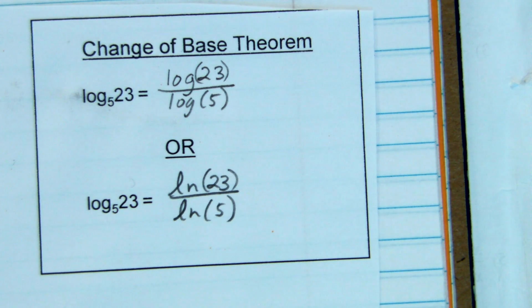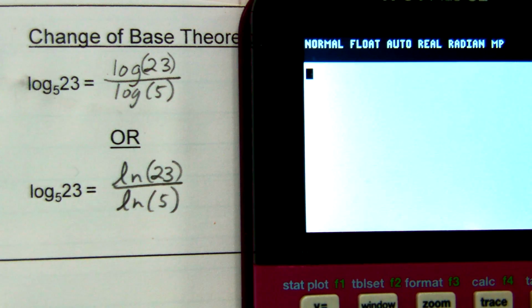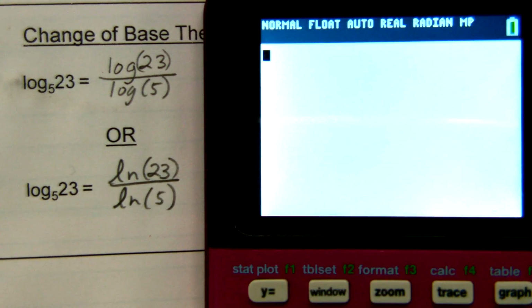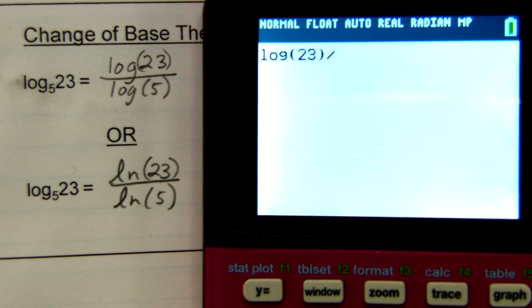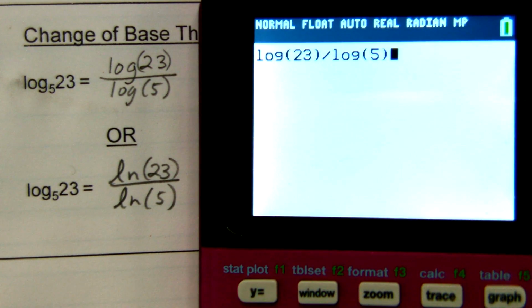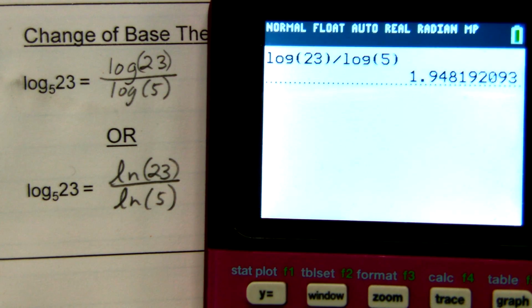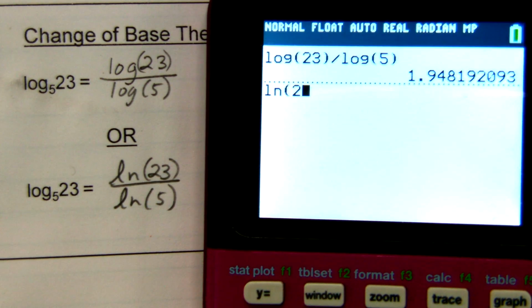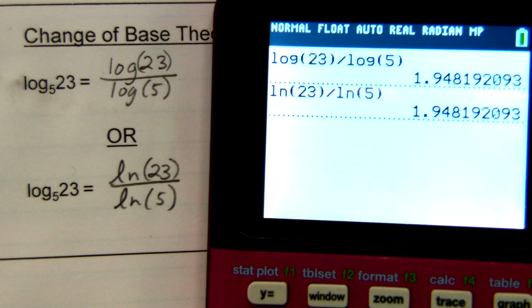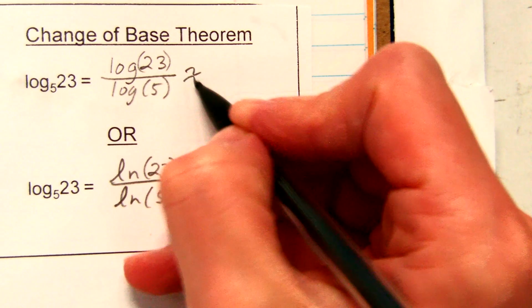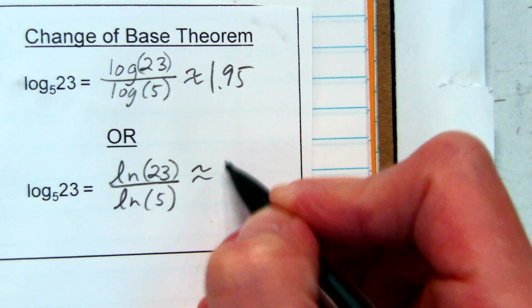I'm going to show you that they come out exactly the same. It's just letting you know you can use either. So log of 23 divided by log of 5 gives me basically 1.95. I do ln of 23 divided by ln of 5. I get the same thing. So they're both about 1.95.